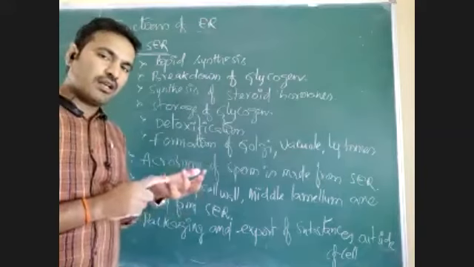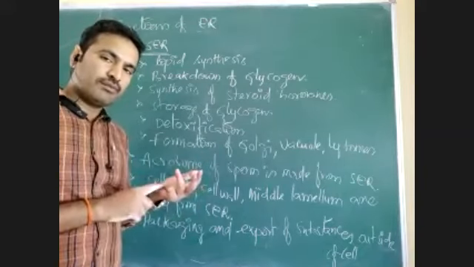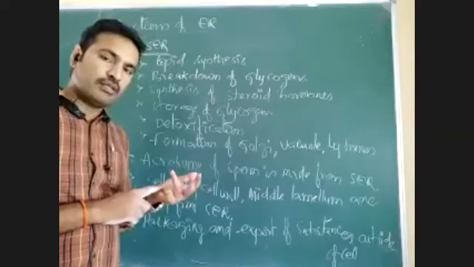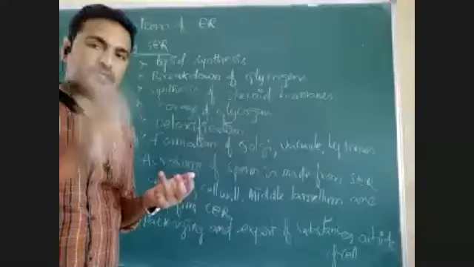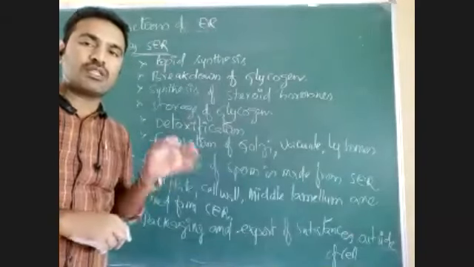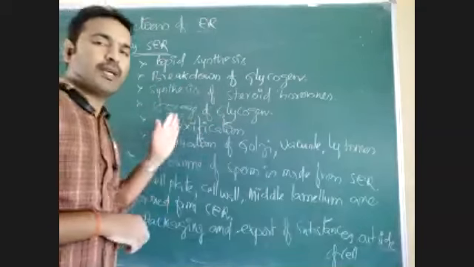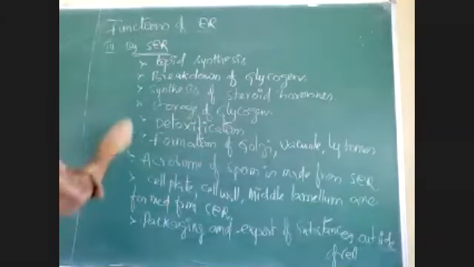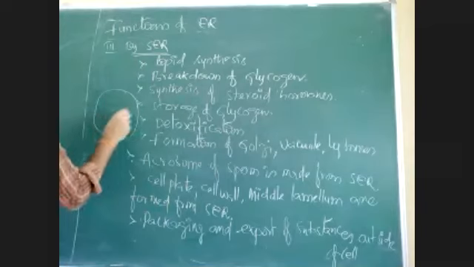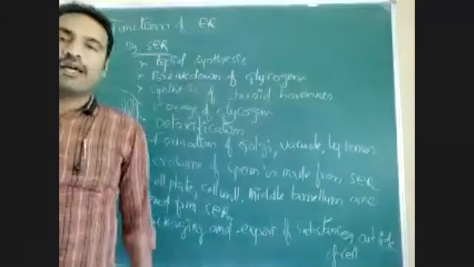Okay, what is endoplasmic reticulum? The outer membrane of the nucleus forms some foldings. That network is made up of lipoprotein, running throughout the cytoplasm from plasma membrane to nuclear membrane. That lipoprotein network is called endoplasmic reticulum.